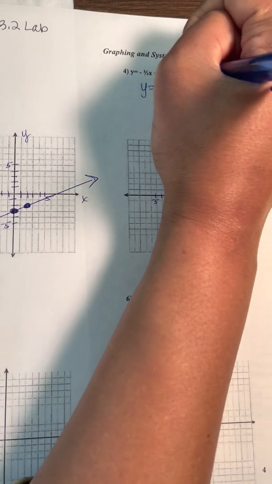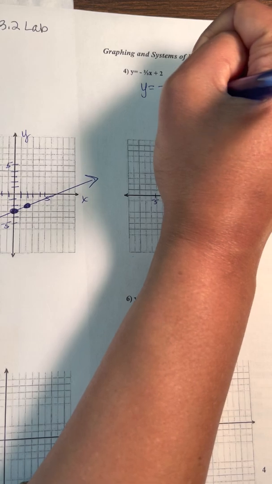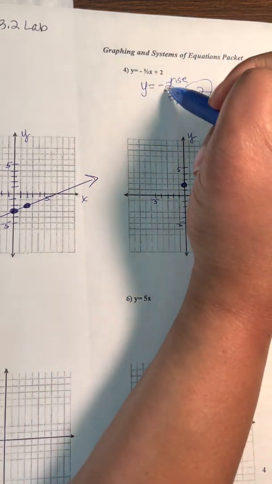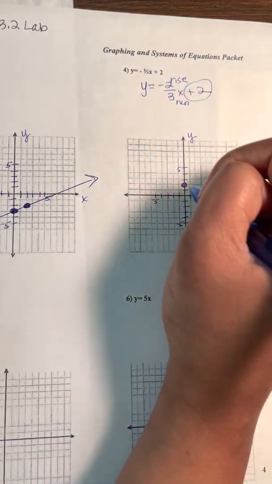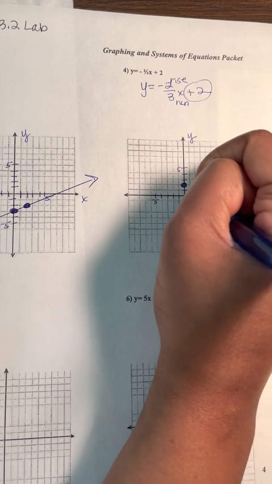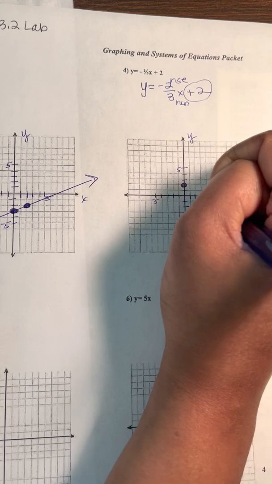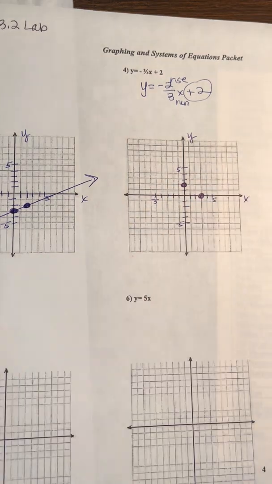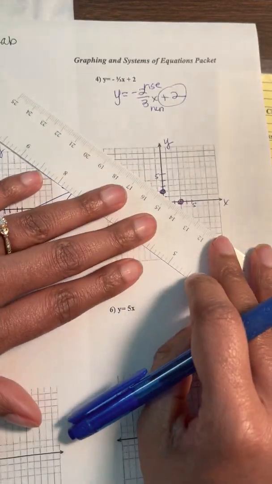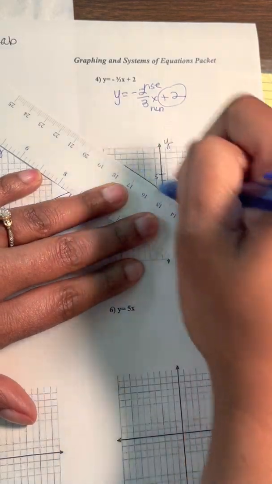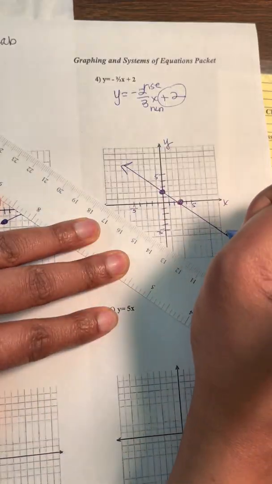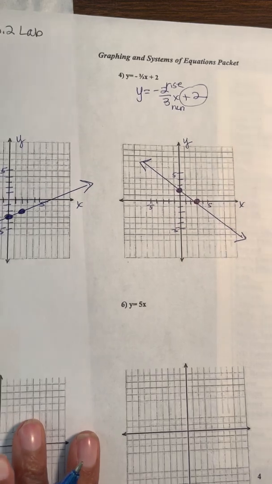And this is my rise over my run, my change in y over my change in x. So instead of rising up 2, I have to go down 2. 1, 2, I'm right on top of the origin. Then I'm going to go 1, 2, 3, right here on top of the x-axis. Connect, arrow each end, and create my straight line.